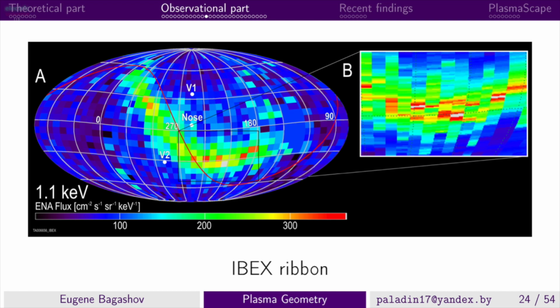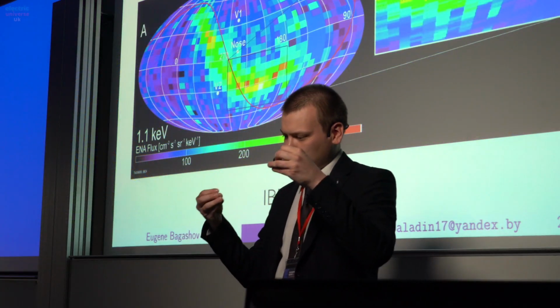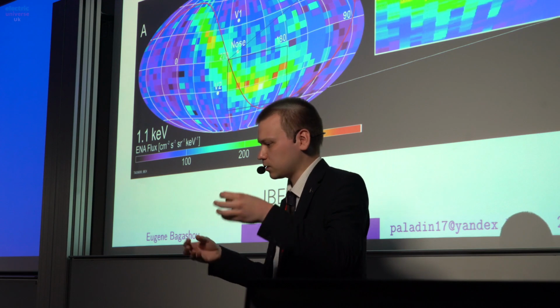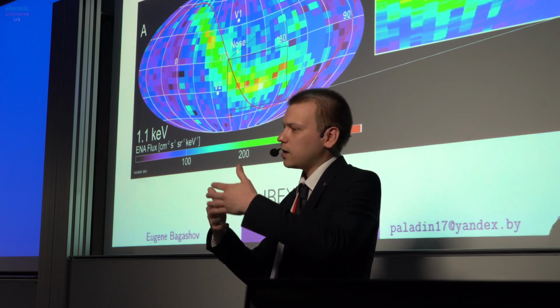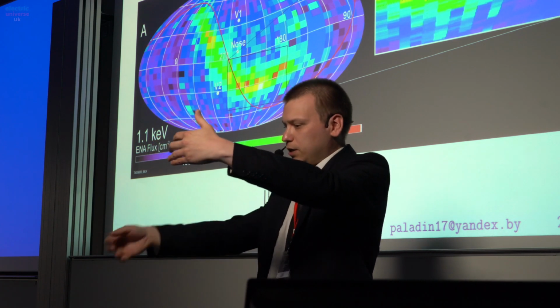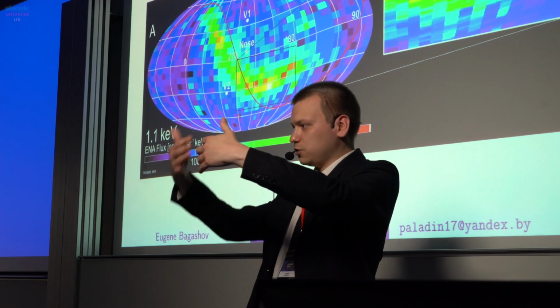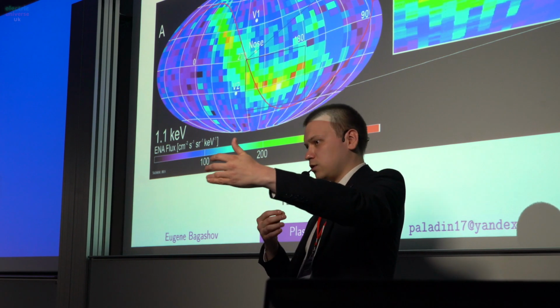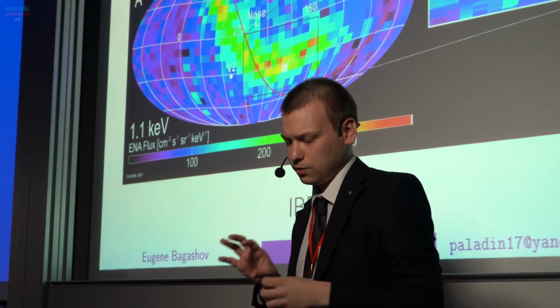And what is mapped here is the flux, the amount of particles, of so-called energetic neutral atoms, ENAs. According to mainstream astrophysics, these are solar wind ions that go to the edge of the heliosphere. They're positively charged, but then they catch electrons there from the interstellar medium and fall back towards the sun, and that's where we catch them, right?